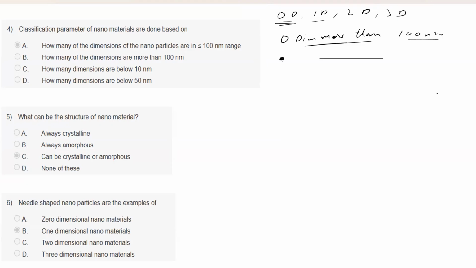For 1D, one dimension is more than 100 nanometers; it's a rod. For 2D, it's a sheet, two dimensions are bigger than 100 nanometers, and so on. So how many dimensions are more than 100 nanometers?